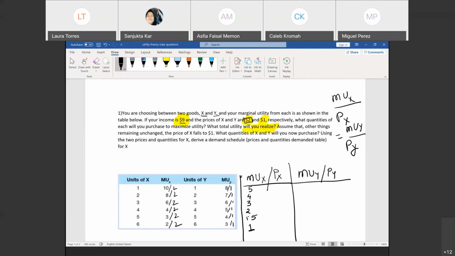That's pretty straightforward. I have 8, 7, 6, 5, 4, and 3. These are the numbers I'm getting here.